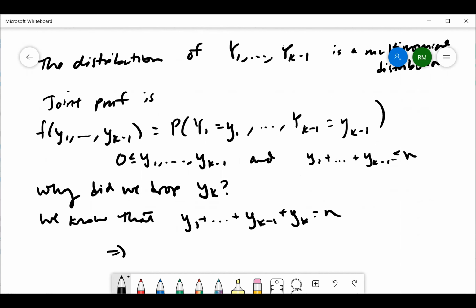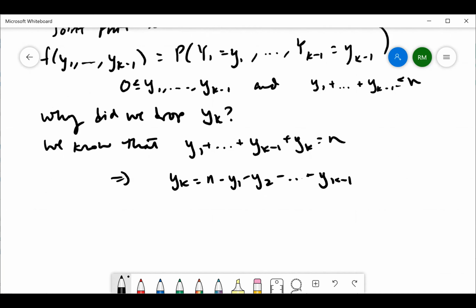So this tells us that if I know what Y1 through Yk minus 1 are, I already know what Yk is. It's kind of like saying I surveyed 100 people. I know how many people picked fall, winter, and summer as their favorite seasons. Therefore, I already know how many people pick spring as their favorite season without being told.